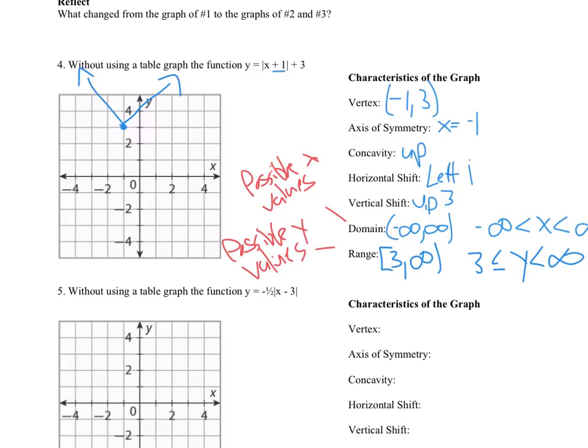The parenthesis is open, so it's like less than or greater than. The bracket is called a closed bracket. That's because it's closed, and that's a less than or equal to or greater than or equal to symbol there.